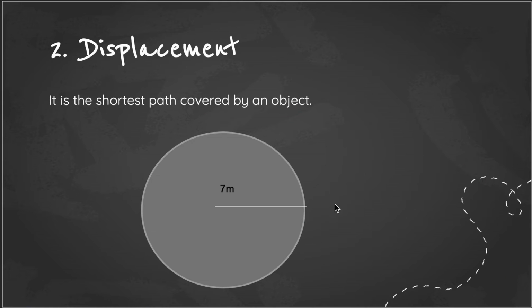Now let's talk about displacement. What do I mean by displacement? Displacement is the shortest path covered by an object.